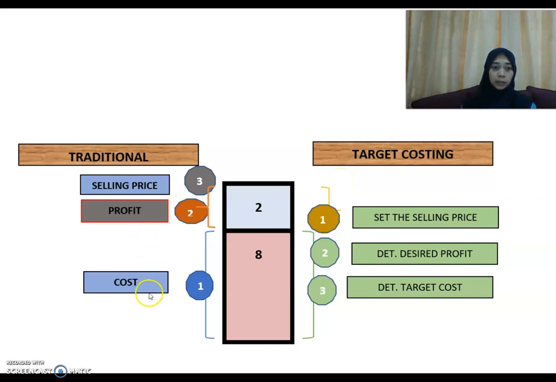In the traditional approach, you start with your cost, add the profit, and then you get the selling price. But based on the target costing approach, you set the selling price first, then minus the desired profit, and only then do you determine your target cost. So target costing is the reverse approach to traditional costing so that you will be more competitive and gain competitive advantage. Hopefully you have a better understanding of what target costing is all about. So with that, thank you.